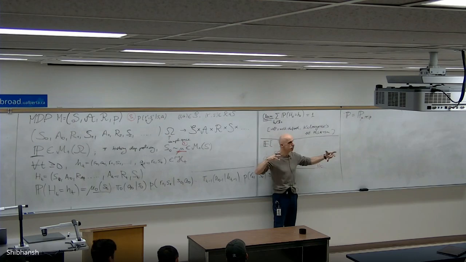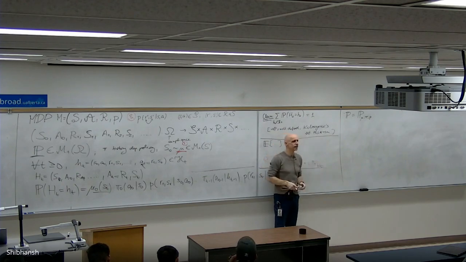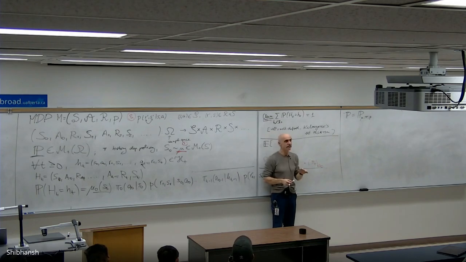So I have the same history-dependent policy, and I want to show that it works no matter what the MDP is, then you're changing the MDP. But until that moment comes, and it will come, P is fixed, so we're not going to denote it, not show it.